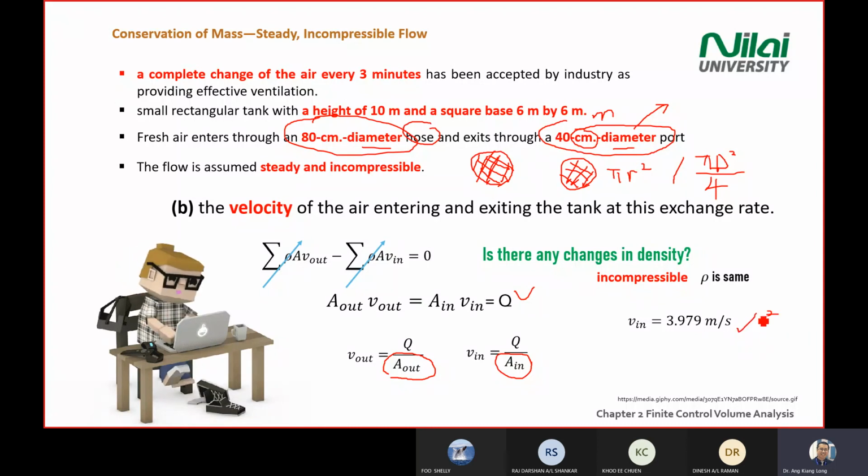You get 2 marks. Again, if you forget to put in the unit, you only score 1 mark without the unit. So be careful on the unit. Same, if you press your calculator, you will get for velocity at the outlet section 15.915 meter per second. You'll get another 2 points.